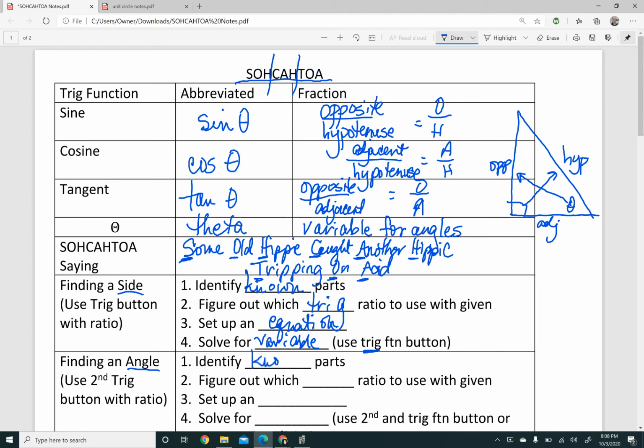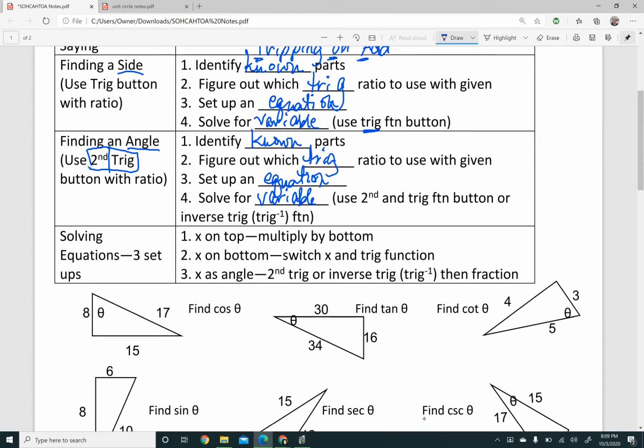We identify the known parts, figure out which trig ratio to use, set up an equation, and solve for the variable. But when solving for an angle, you'll notice we use the second trig button on our calculator, or the inverse trig, which is trig to the -1. So you'll see sine to the -1, cosine to the -1, or tangent to the -1.